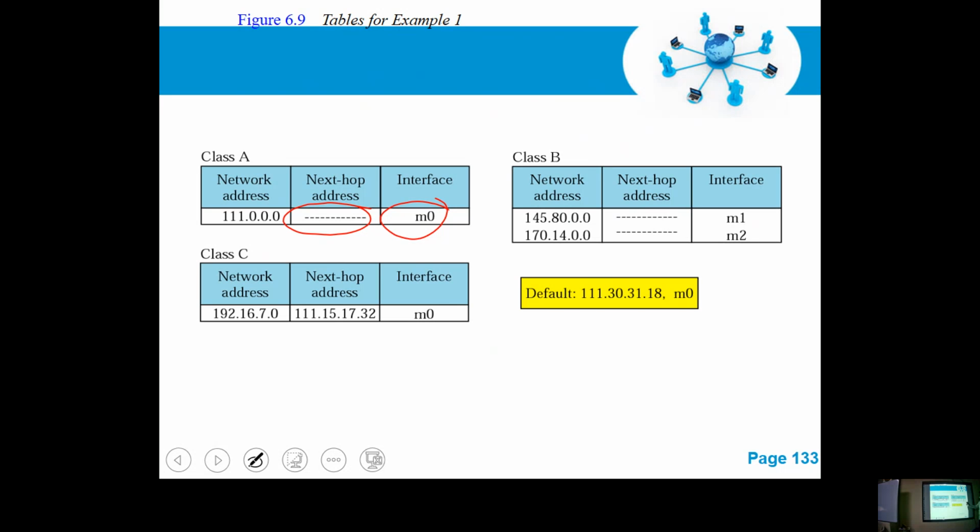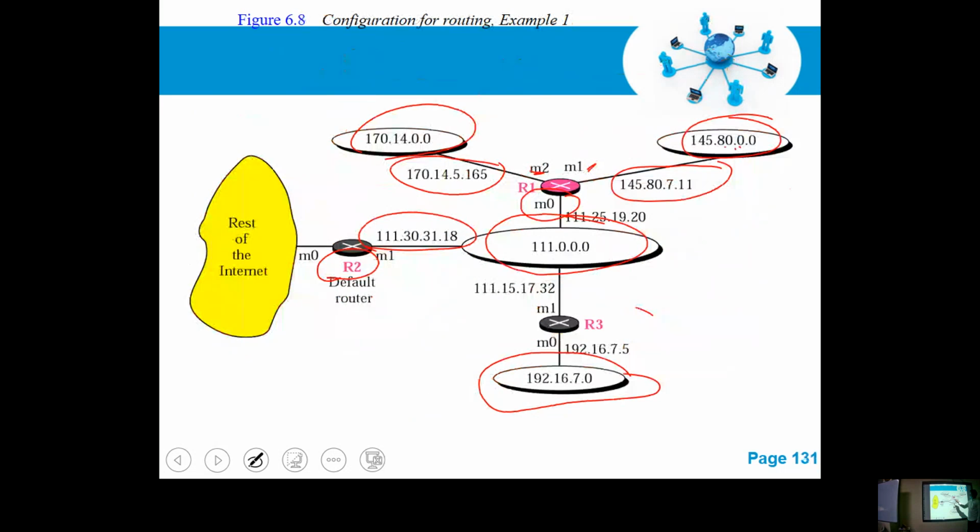Class B, you have two respective interfaces. See here, class B, this one and this one, they are also directly connected with R1. So I am directly writing the addresses and interface. But when I have to go to this particular network, I have another router in between. For the next hop address, I keep the address of that router.